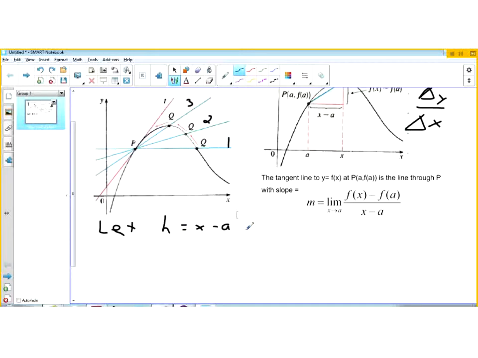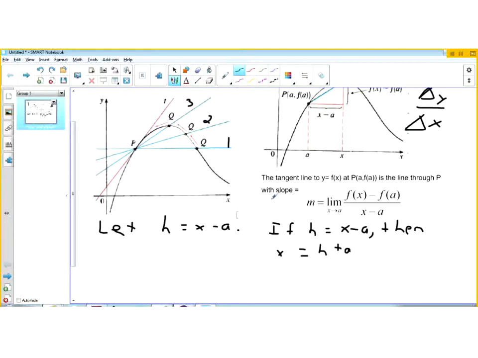All right, and so how does that transform the equation? Well, if h equals x minus a, then what is x equal to? Then x is equal to h plus a.